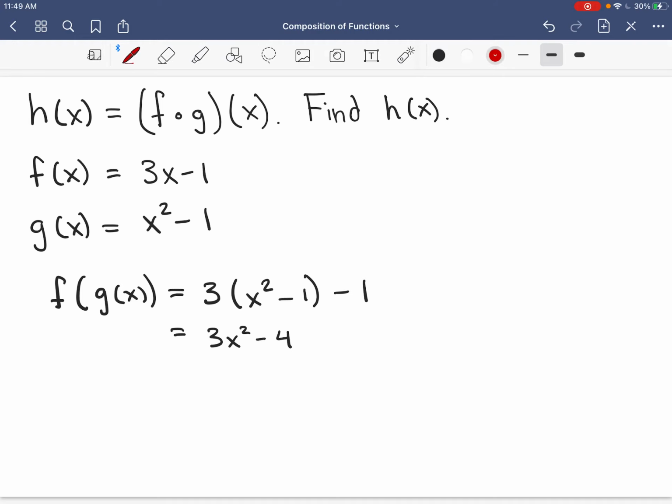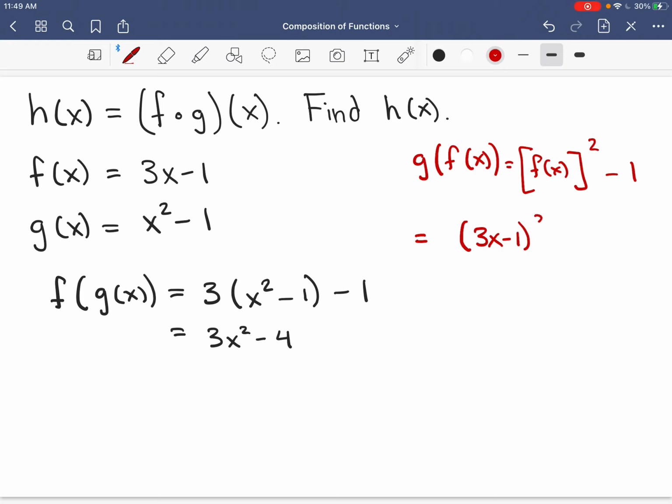Now, we could have done g of f of x, and that would give us, everywhere we have an x, we substitute in f of x. So that's really like doing f of x squared minus 1, but f of x is actually 3x minus 1.